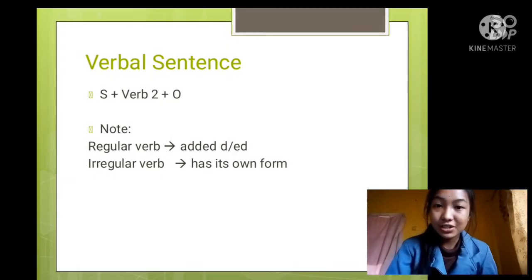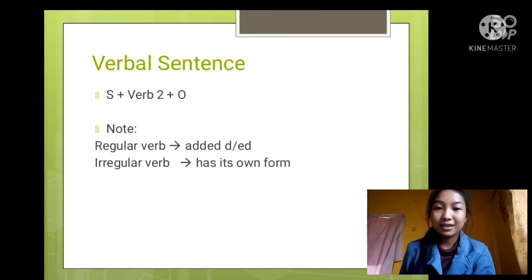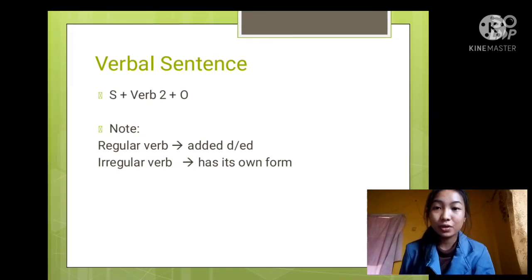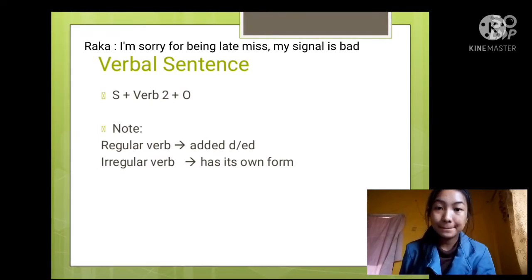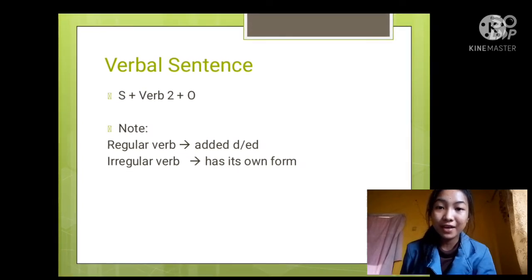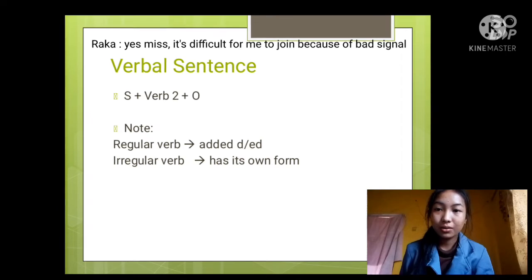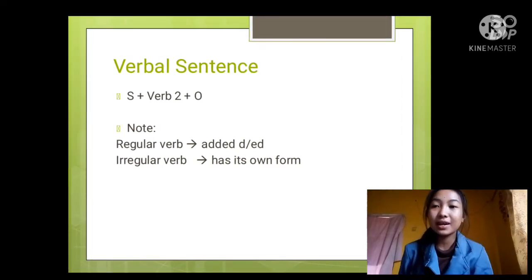Alright, Raka is joining the meeting. Raka, are you having a connection trouble? Yeah, because you have been late for 5 minutes. Oh, I see. It's okay, Raka.